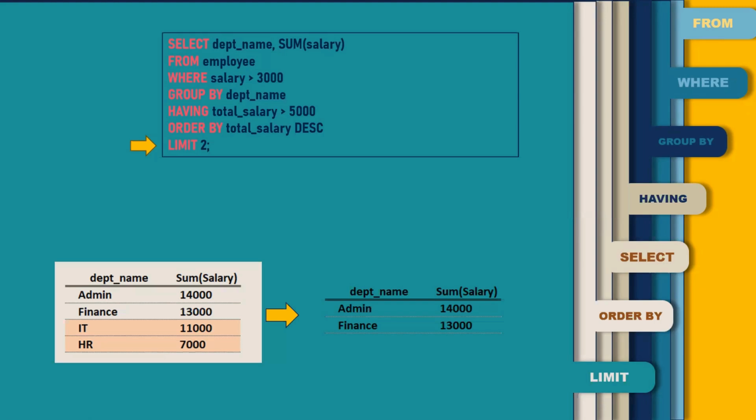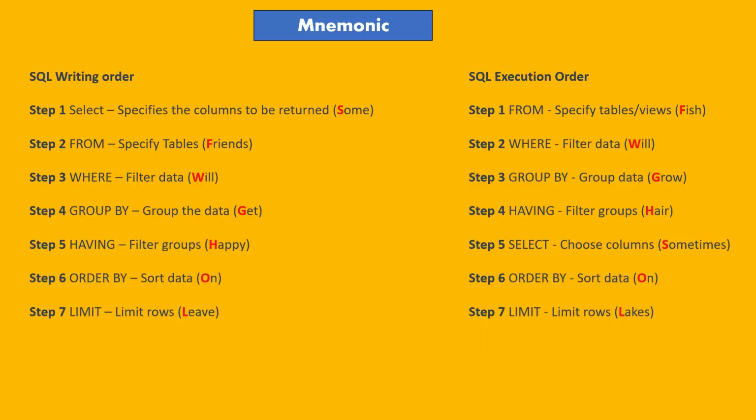If you're writing SQL queries, it is very important to understand these topics. If you're finding difficulty remembering these steps, I will help you with some mnemonics to identify them easily. First, the writing order. For the writing order, I have given a mnemonic based on the first letters.